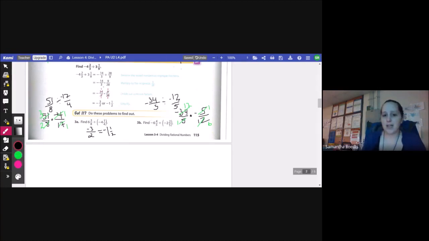So I have -17 times -1, which gives me 17. And 1 times 6, which gives me 6. So I get 17 over 6, or 6 goes into 17 twice with 5 left over. So 2 and 5/6.